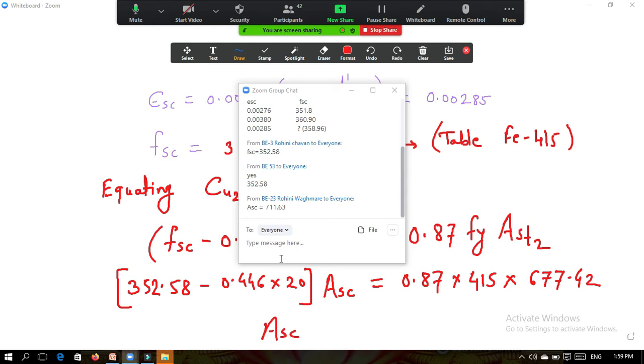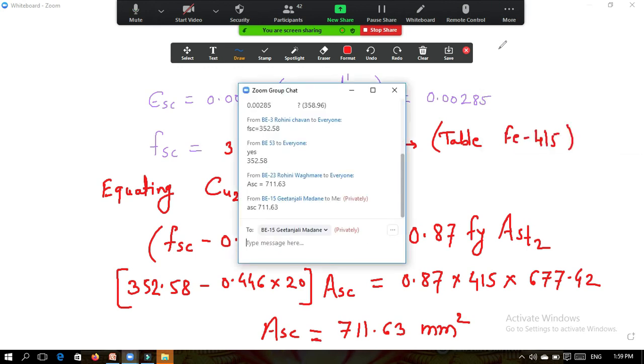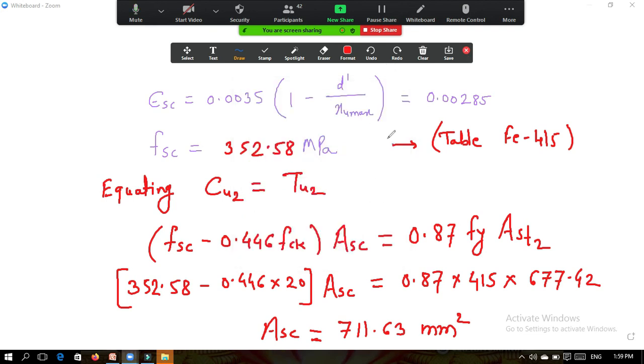Roll number 23: ASC is equal to 711.63. Please check the answers. Correct, sir. So the answer is 711.63. Now we got the value of ASC also.